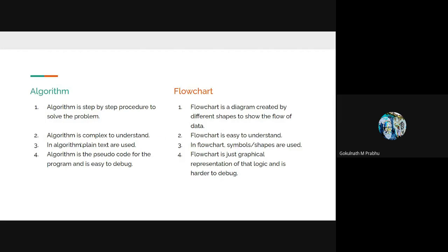And in algorithms, we use plain English text. So we just write the steps in a simple manner. But we may use some of the coding concepts, or some of the words that are used in coding, so that the algorithm has a bit more clarity for the person who is reading it.